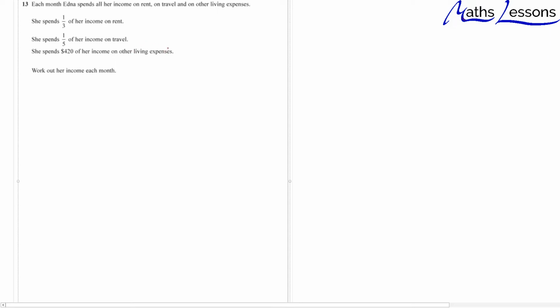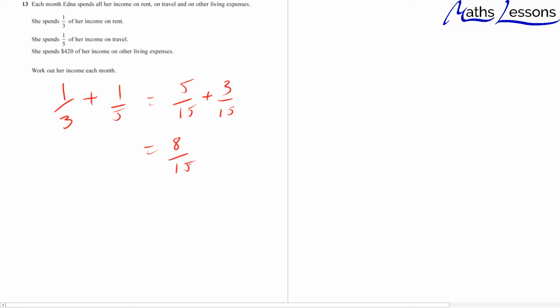So this and this taken away from one is the fraction she spends on living expenses. So if we add 1/3 plus 1/5, put that into 15ths: 5/15 plus 3/15 gives us 8/15. That means we have 7/15 on the rest.